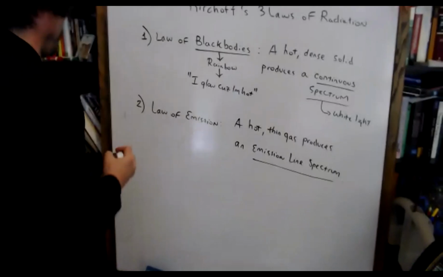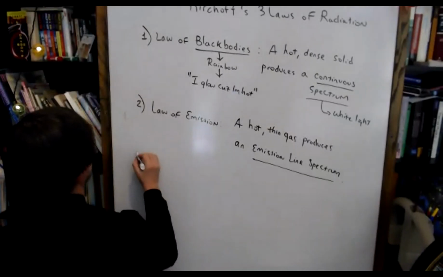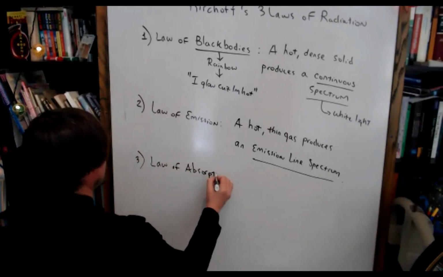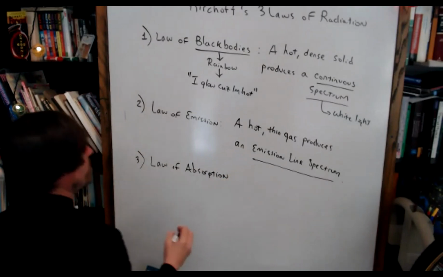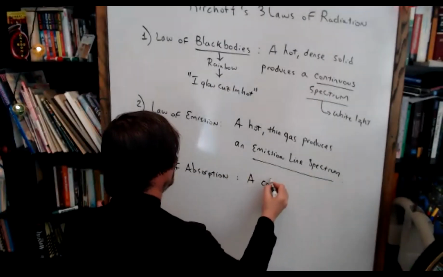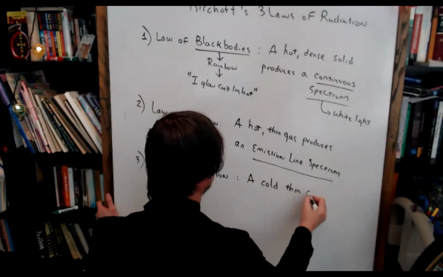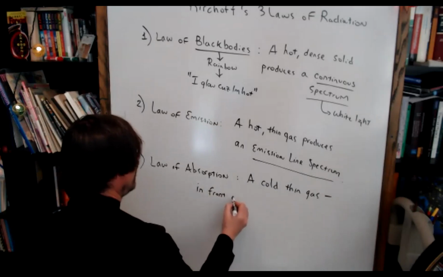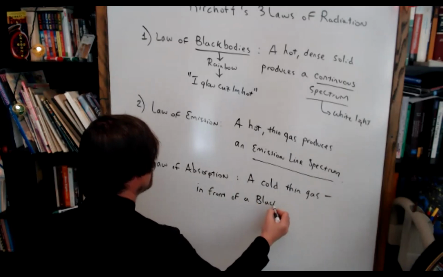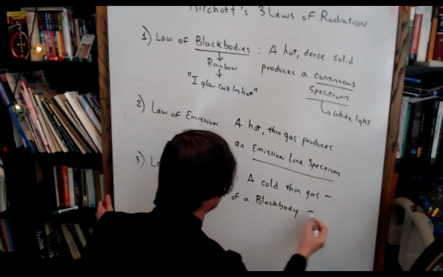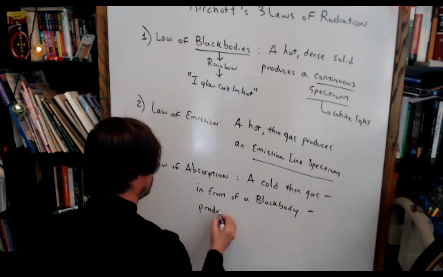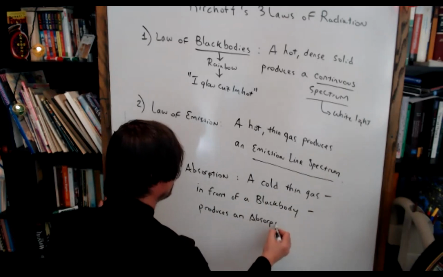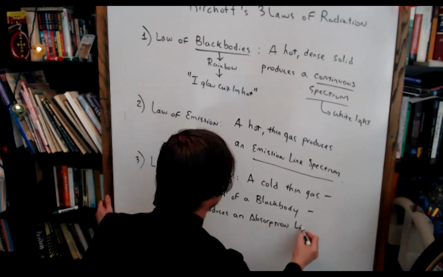And the third law, which I'll show you an example of in lab today, is called the law of absorption. The law of absorption says a cold, thin gas that is placed in front of a black body produces an absorption line spectrum.